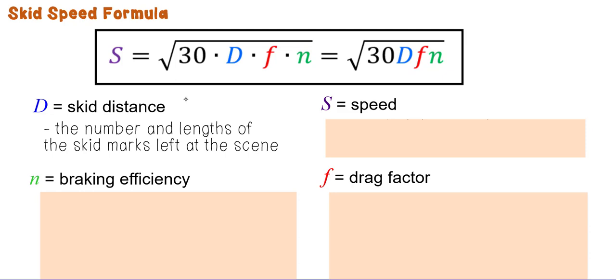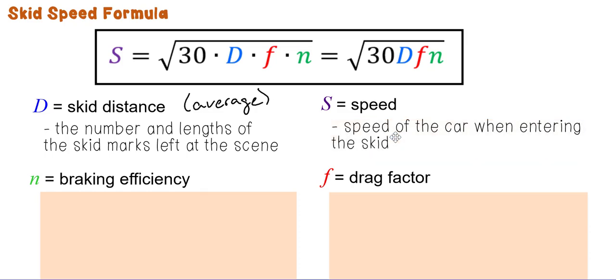If you have 3 skid marks that are 75, 75, and 75, it's going to average out to 75 because you would add all 3 75s and divide by 3. But that is how you figure out the skid distance. The speed, that's how fast the car was going when it entered into the skid, and that's what we were finding out with this formula.